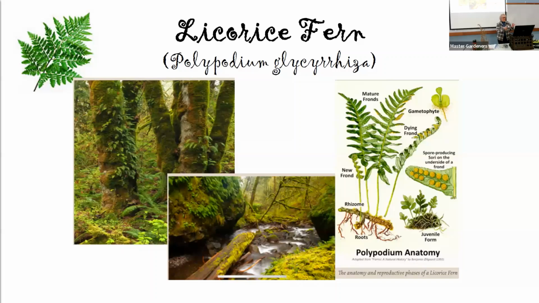When a plant grows on another plant but doesn't hurt it, that's called an epiphyte, and that's what this licorice fern is. It's summer deciduous, so you'll see it very prevalently this time of year, but you may not see it much in the summer because it really likes that cold, moist air.